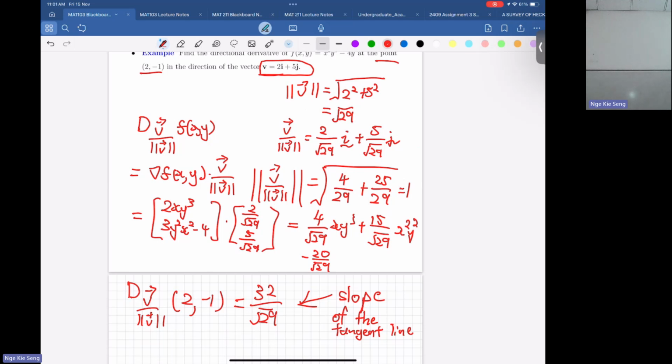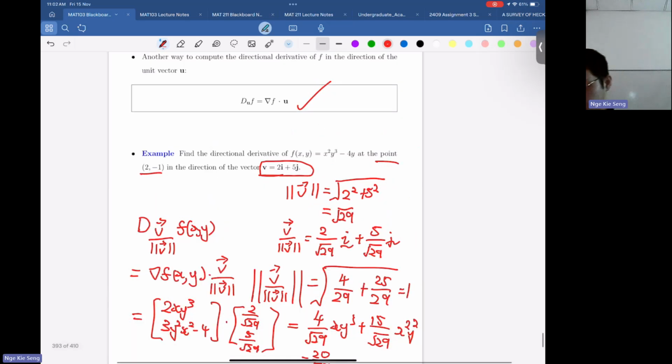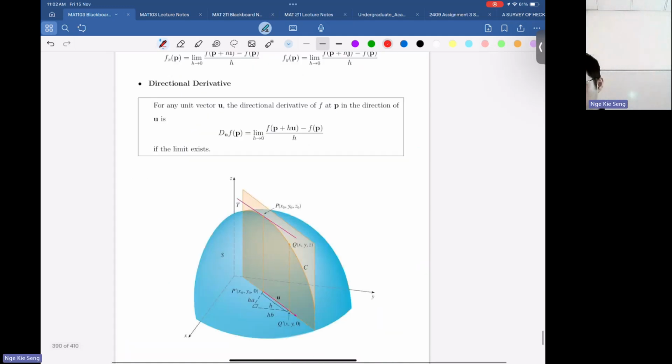What's the slope there? It is this evaluation here. Understand? Any questions? This slope, you need to remember this picture.